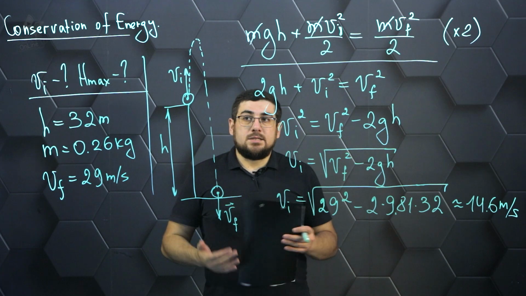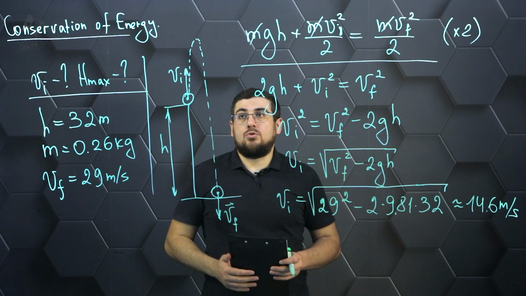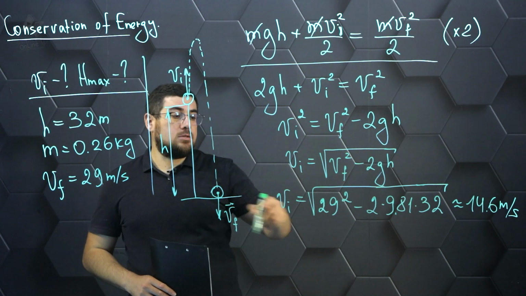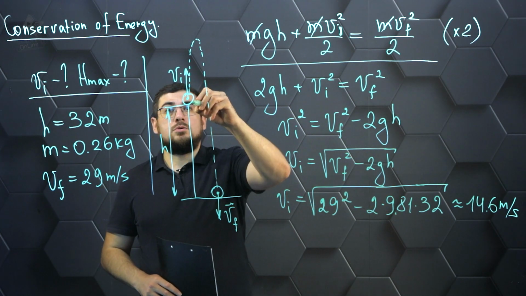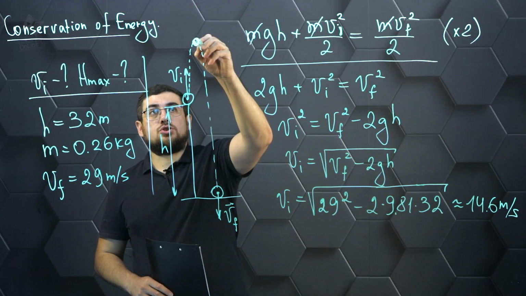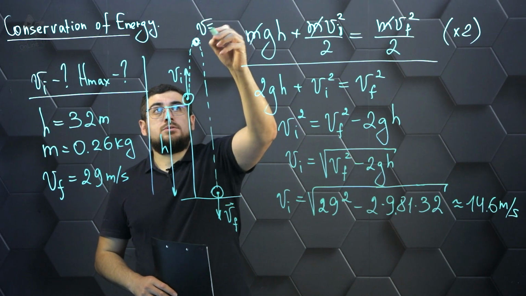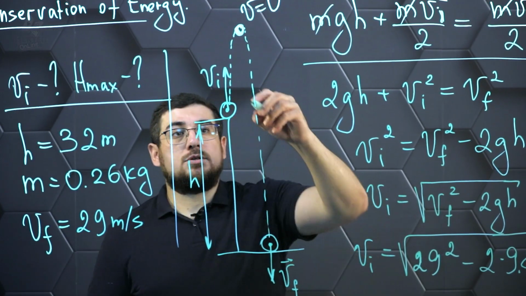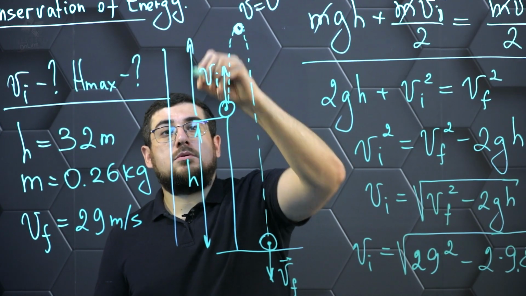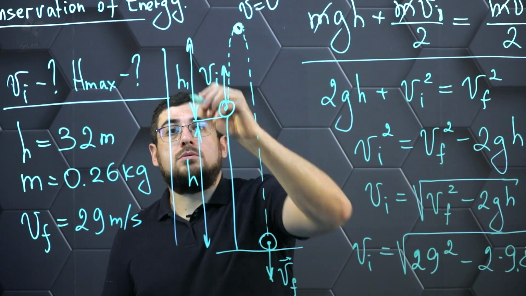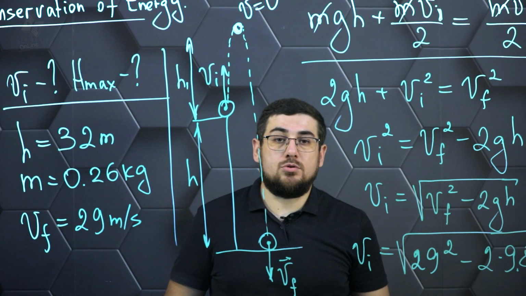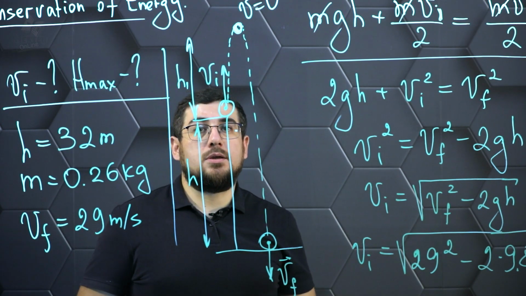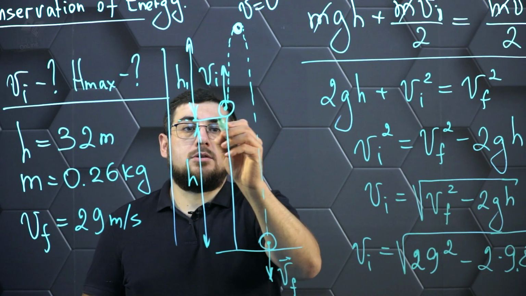For this purpose, we can use different approaches, but we can consider the situation when the body began to move at a speed of 14.6 meters per second and reached the upper point of the trajectory. Here the velocity is 0. Then we can find the additional height to which this body has risen. Let's call it h1. For this case, we can write the energy transition if we take the energy at this level as 0.